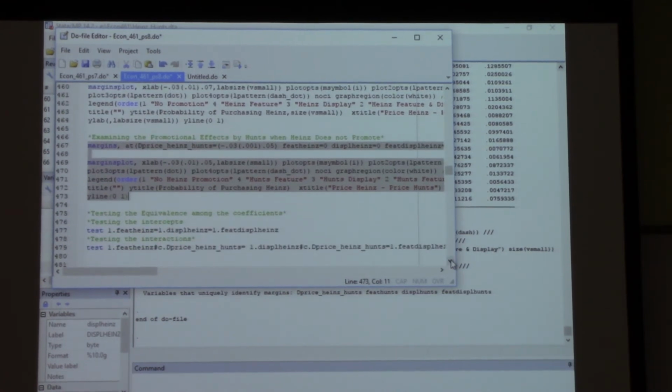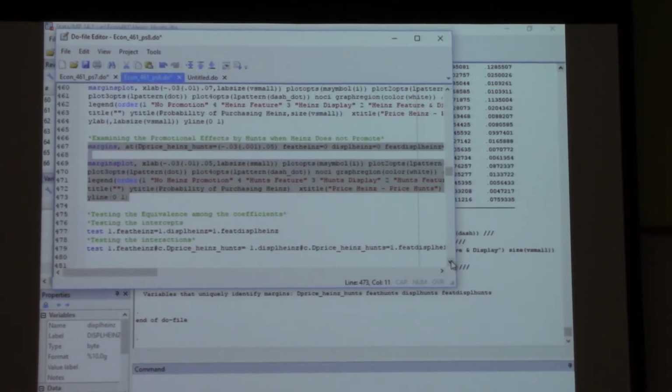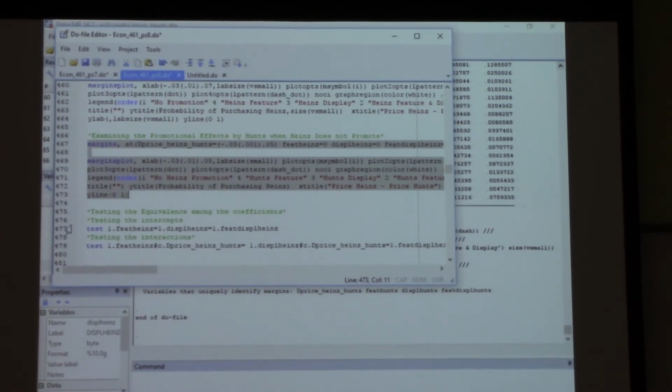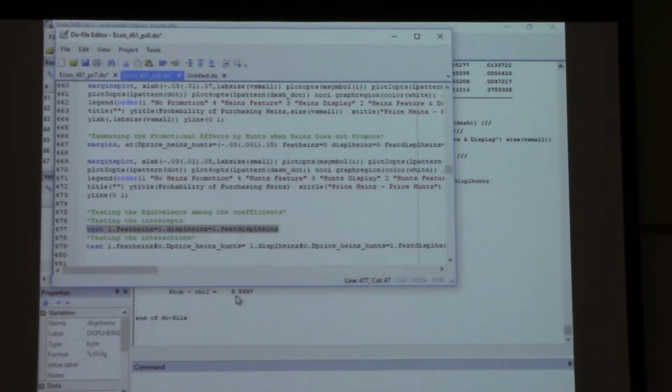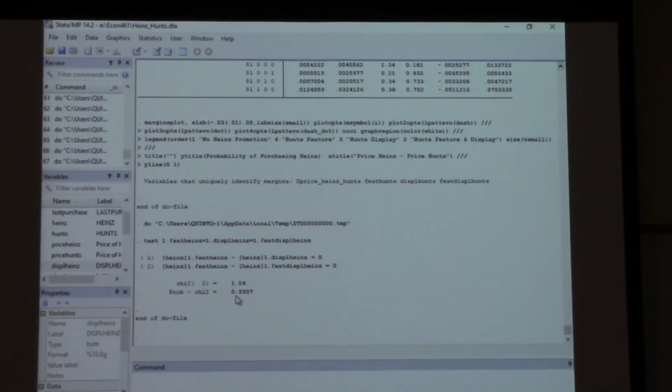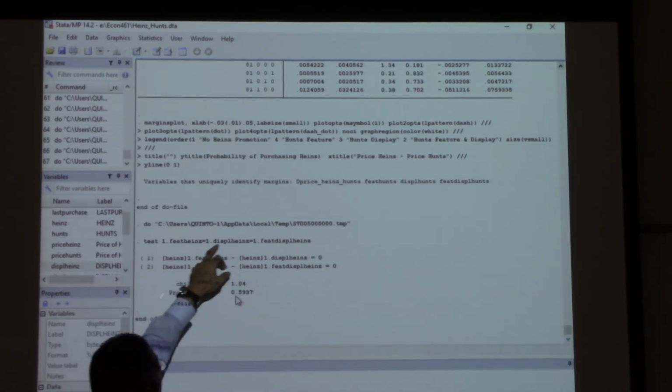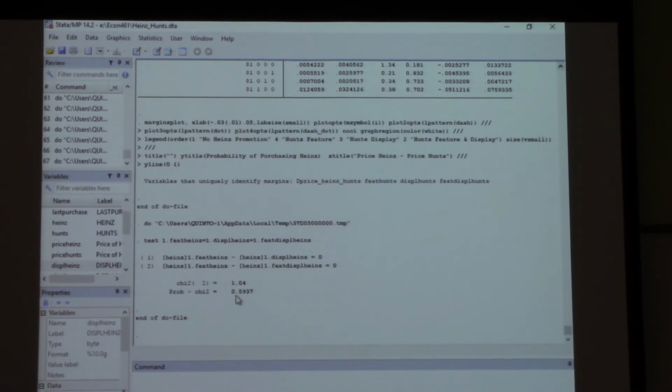So what do we do here? So let's test whether or not feature, display, and feature and display are statistically equal to each other. That's how we test it. So we have to put the indicator 1, 1, 1 when those dummies are on.